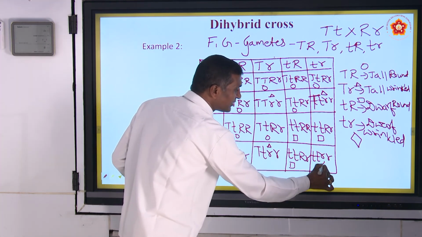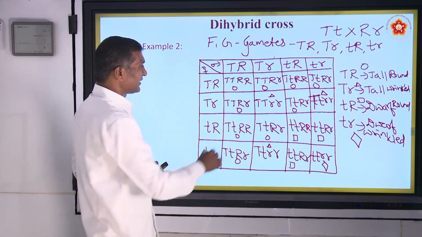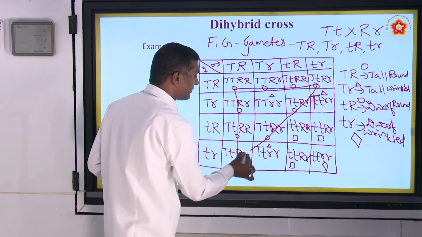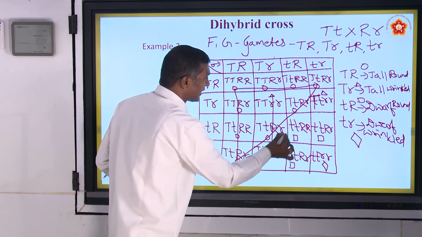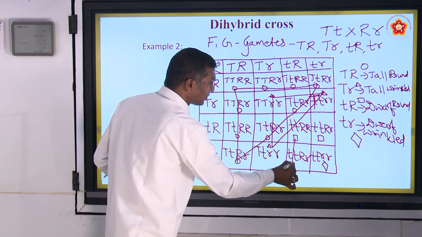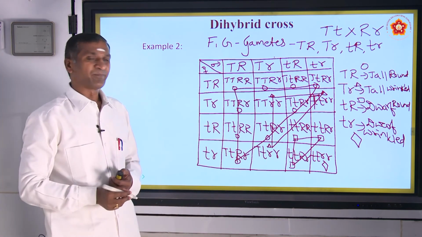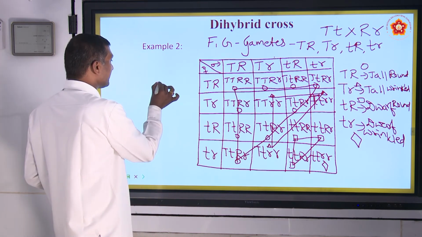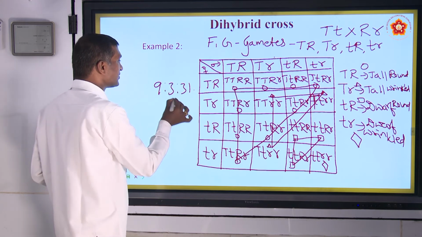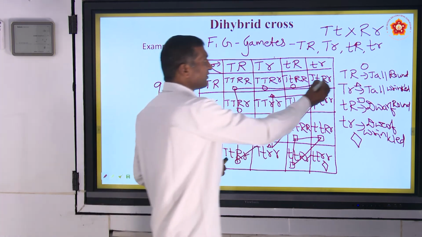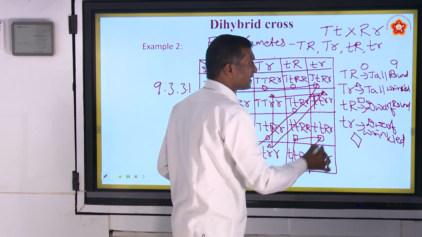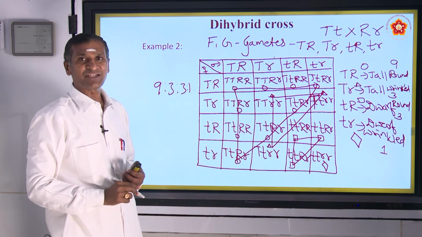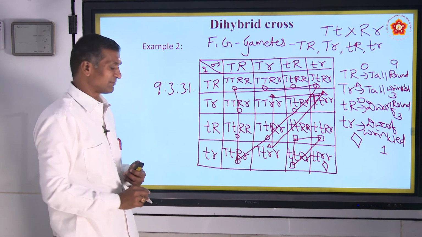Square, and here you are using the rhombus. Now combine, see all the circles. If you join, you will get a big triangle. If you join the triangles which are obtained, again you get, and all the rhombus together. This is for a confirmation. So finally you are going to get the ratio as 9:3:3:1. Where tall and round were 9, this was 3, this is 3, and this is 1. 9:3:3:1.